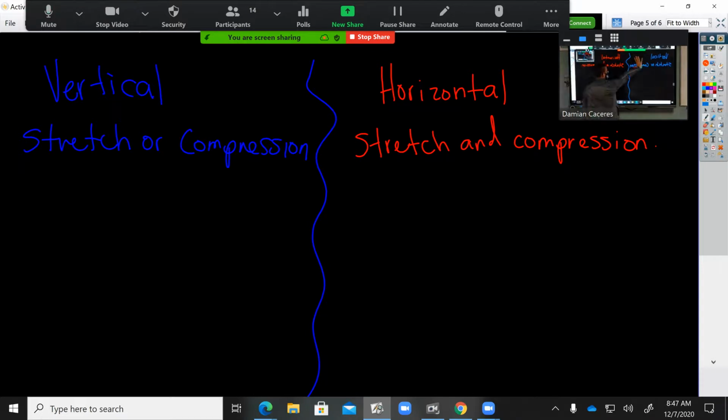So these are the two sections: vertical stretch or compression, horizontal stretch or compression.